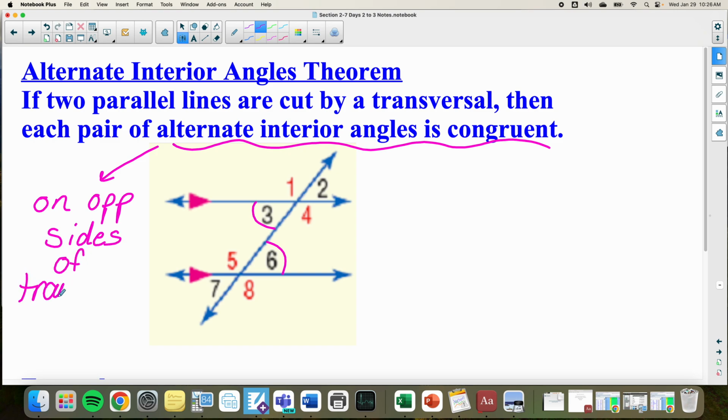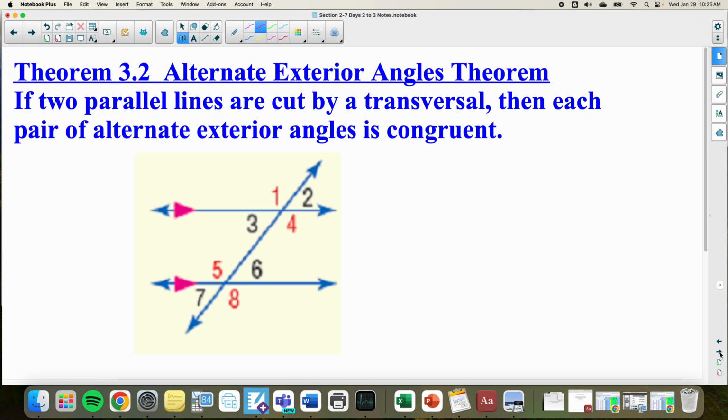Okay, and then interior meant that they both came from between or inside these 2 lines. So you picked one of 3 and 4 and one of 5 and 6, and they had to be on opposite sides of this transversal. And what this is saying is our alternate interior angles are congruent.